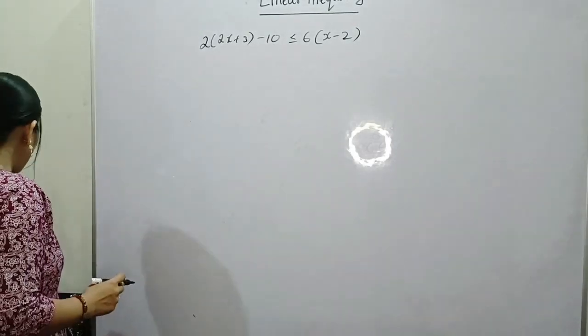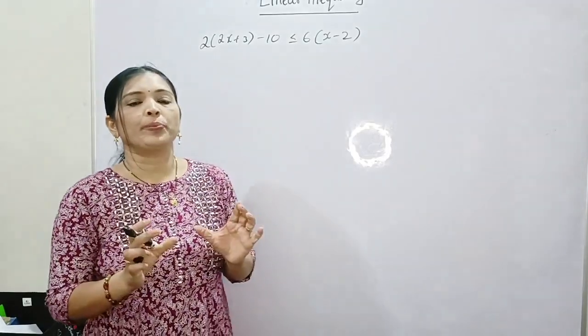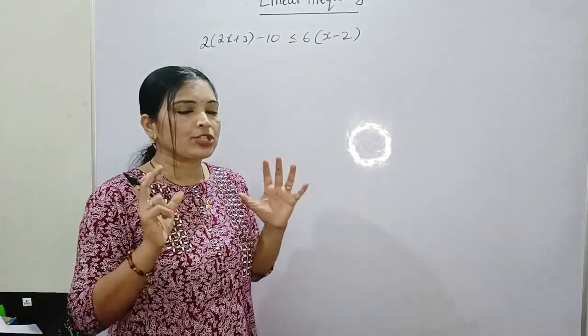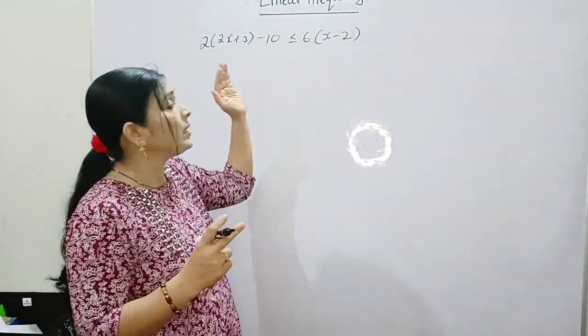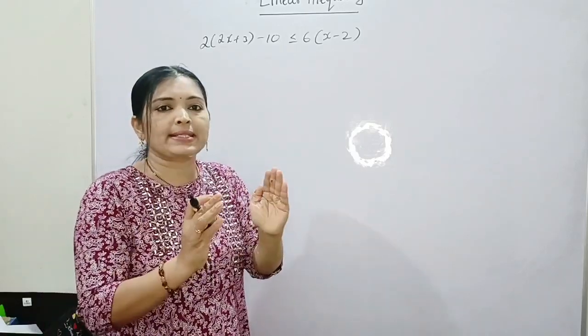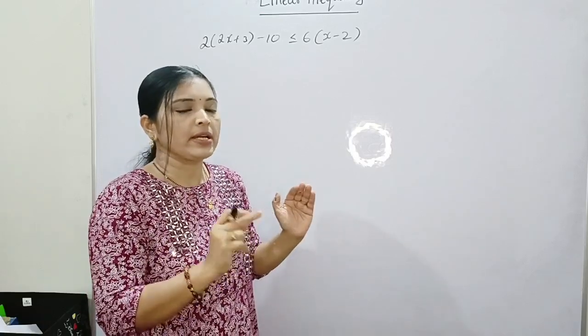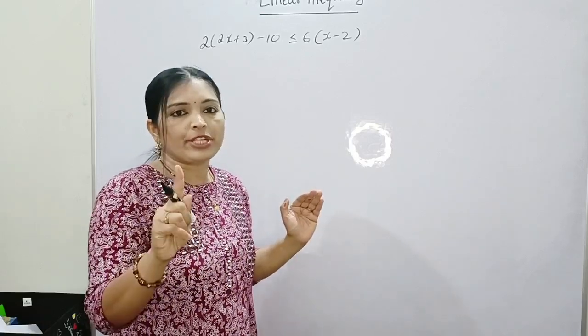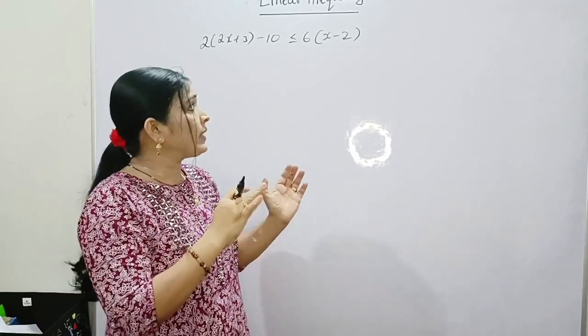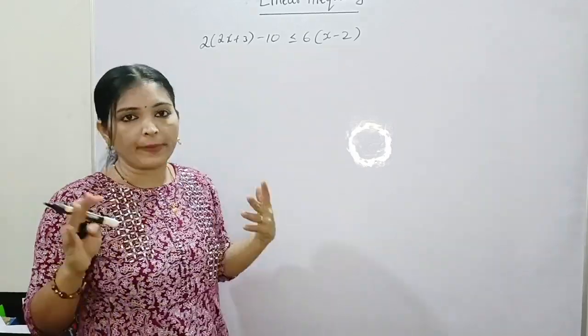Here also, remember what we have to make. First of all, you have to think that we have to make only x on the left side, x with coefficient 1. So for that we have to remove all other numbers.